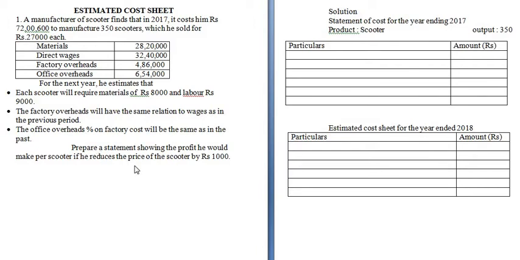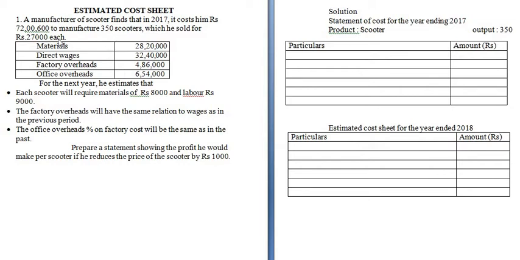But in the year 2018, the price of the scooter is reduced by rupees 1,000, so the price in 2018 will be 26,000. We are going to find out the profit per scooter, so only expenses related to one scooter will be taken, but not of 350 scooters.